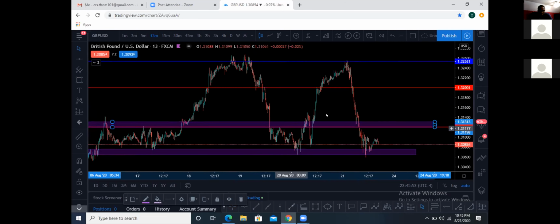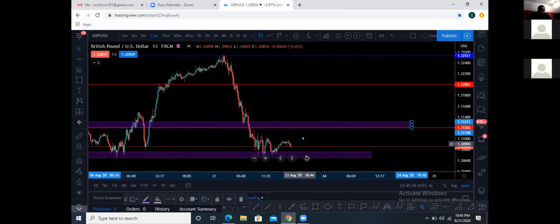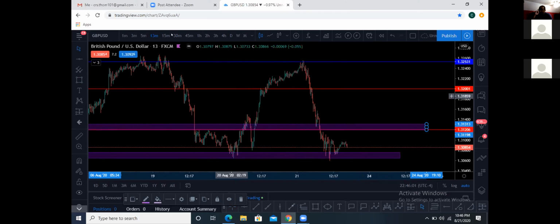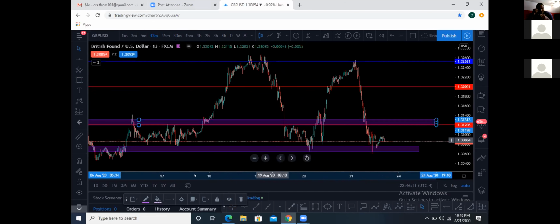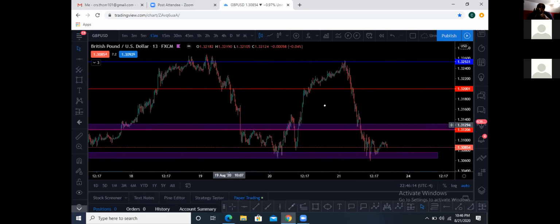But when you start to narrow down into a more narrow look, the purple is what I'm looking at so that I know when to get into a trade and get out, so to speak. Awesome. Makes sense. Absolutely.